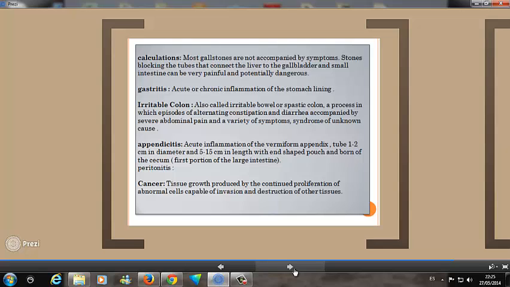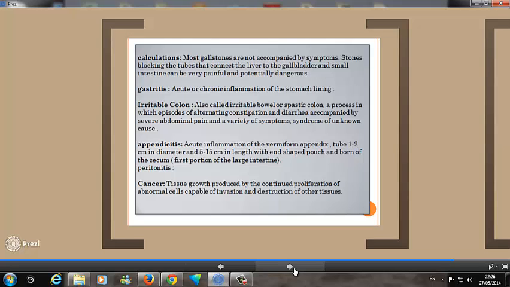Gallstones. Most gallstones are not accompanied by symptoms. Stones blocking the tubes that connect the liver to the gallbladder and small intestine can be very painful and potentially dangerous. Gastritis. Acute or chronic inflammation of the stomach lining.